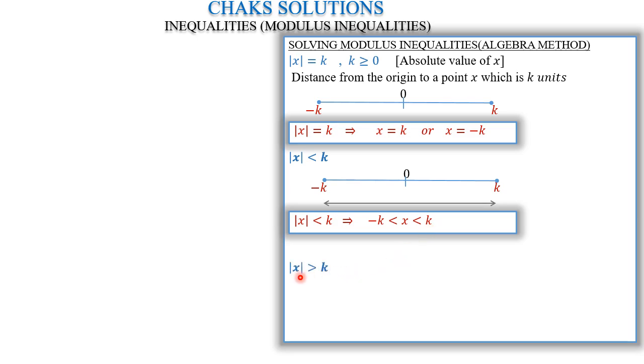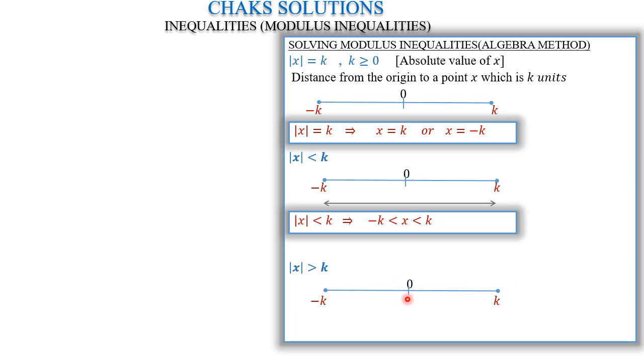Then modulus of x greater than k. We need the distance from the origin to a point x, and that distance should be greater than k units. So on the number line we have minus k and k here. Moving from the origin to a point beyond k, the distance will be greater than k units. Moving from the origin to a point beyond minus k, the distance will also be greater than k units.